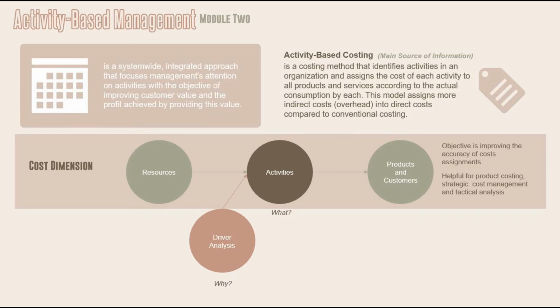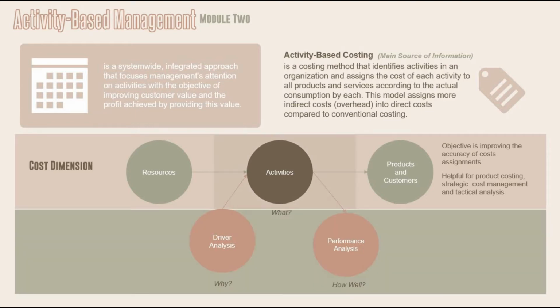And lastly, performance analysis, in which assessment on how well the activities are being performed. These processes form part of the process dimension of ABM, where the main objective is cost reduction and provides ability to ABM to engage in and measure continuous improvement.